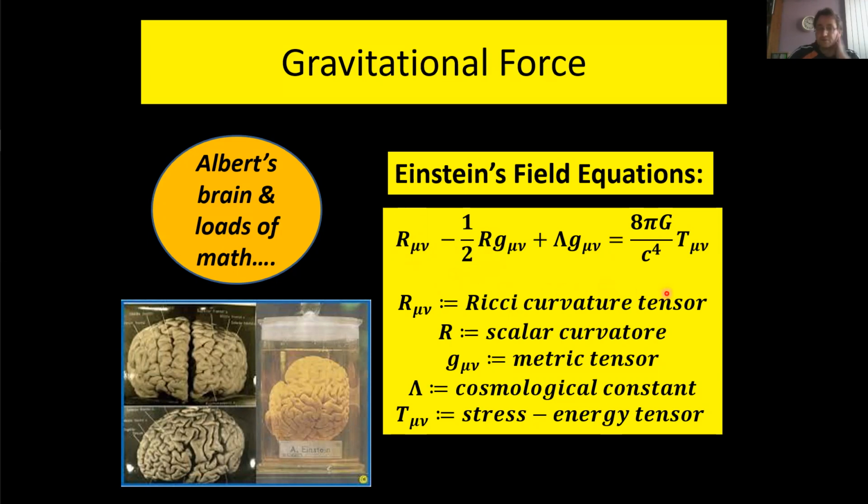This Ricci curvature tensor is basically a 4x4 matrix. Nothing more. But in this, there enter some derivatives that give us the change of space, or the second derivative. Curvature of a function is always related to the second derivative.